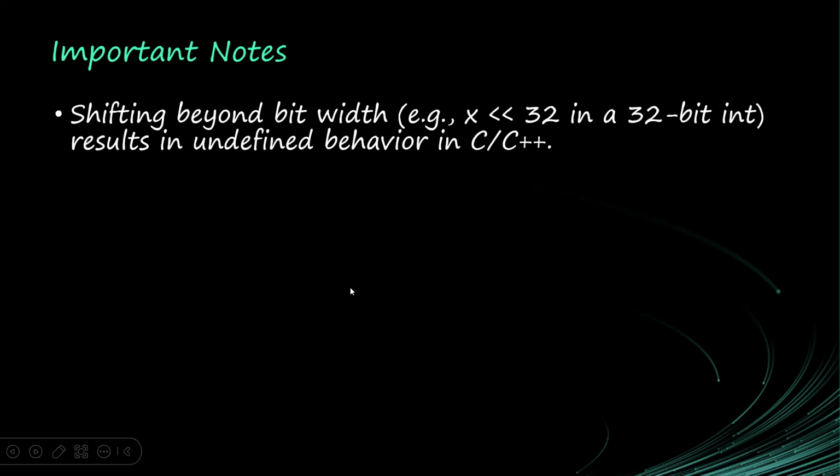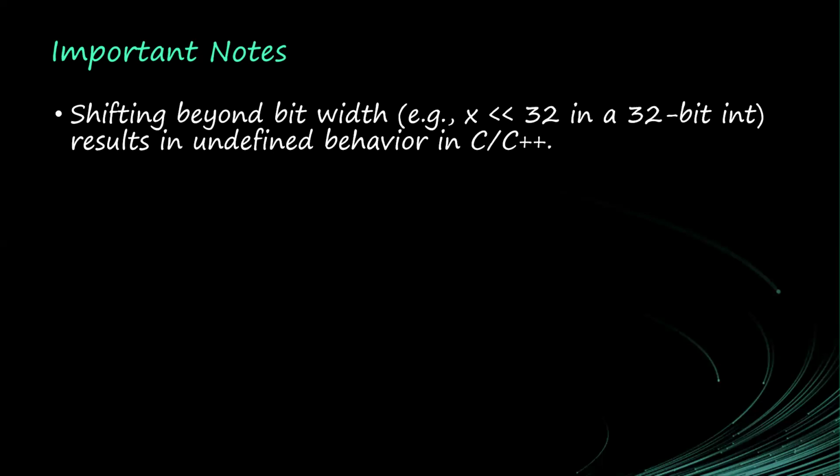Okay. So important notes: shifting beyond bit width. If you shift beyond the width of the bit, the result will be undefined, especially in C and C++. Imagine that we have an 8-bit integer and you're shifting by 38 bits. You have to shift by less than the number of bits you have.